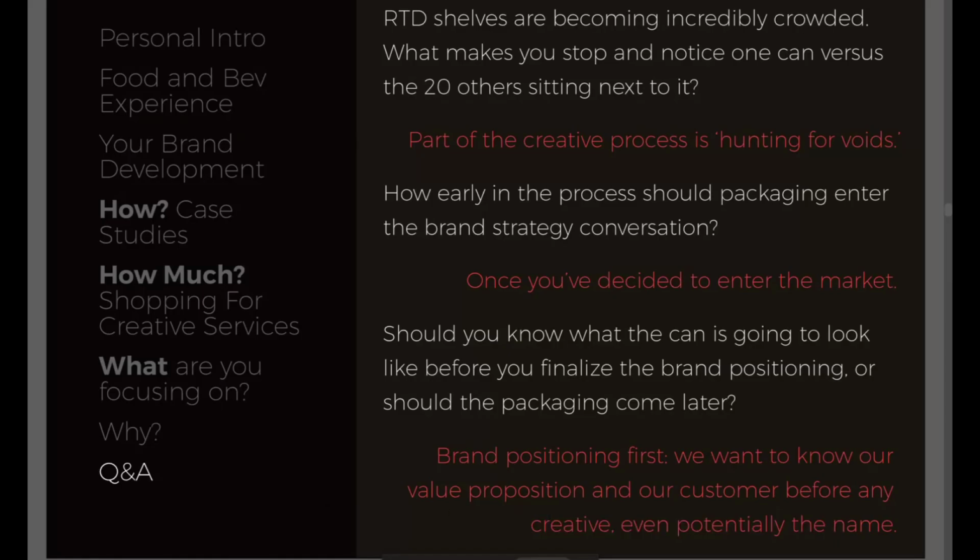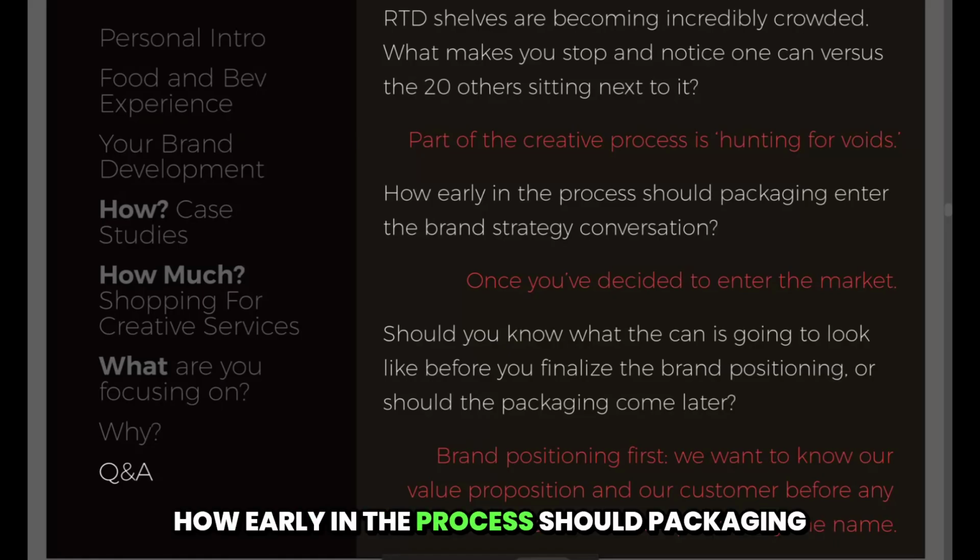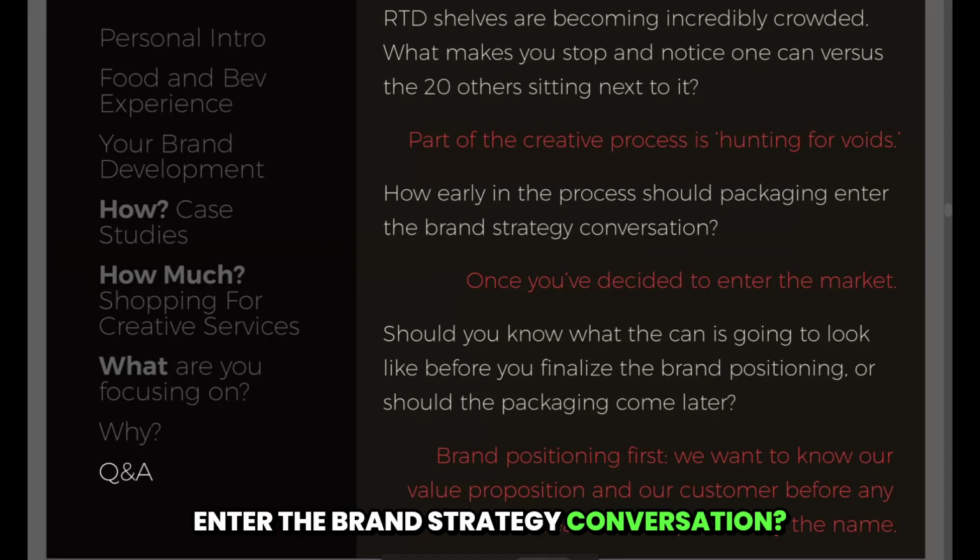How early in the process should packaging enter the brand strategy conversation? Pretty much once you've decided to do this thing, we need to start talking about format. Can versus glass, for example, but also how do we want this brand to look and feel is right at the beginning of that brand strategy, figuring out the problems that we're trying to solve.